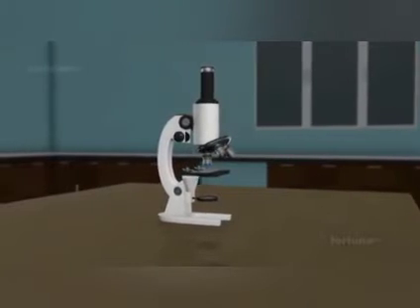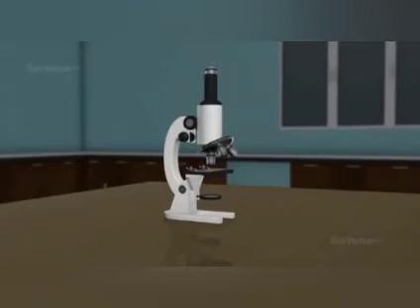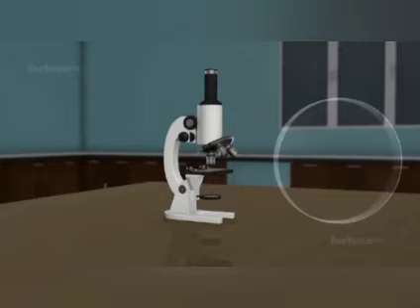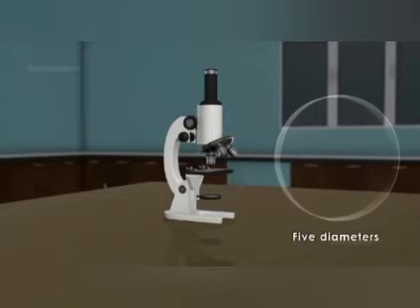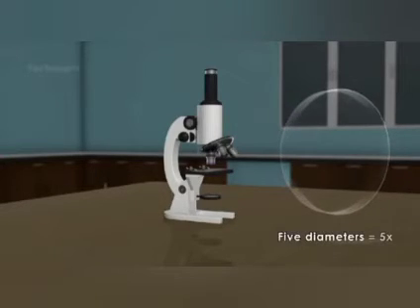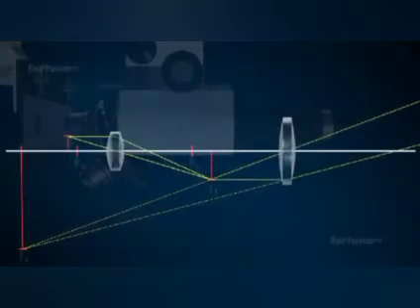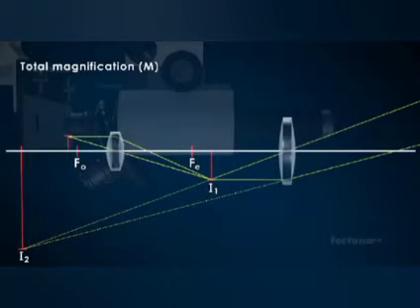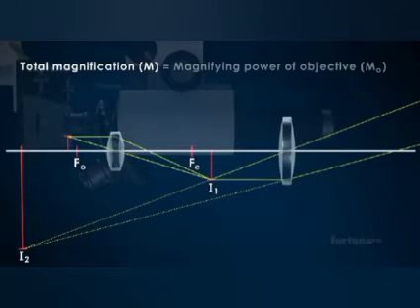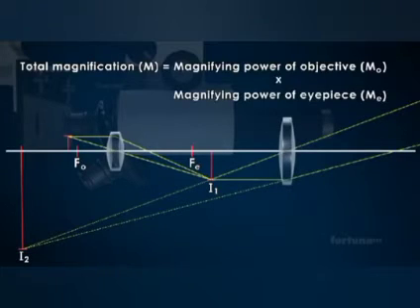Magnification of the compound microscope. The magnifying power of a lens is expressed in diameters. A lens magnifying an object 5 times has a magnification of 5 diameters and is written as 5x. The total magnification of a compound microscope is the product of the magnifying power of the objective and the magnifying power of the eyepiece.